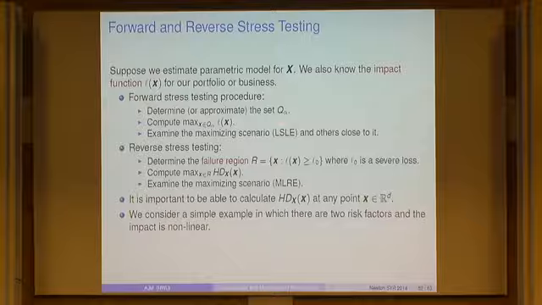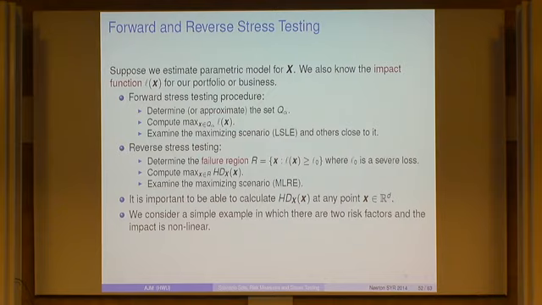Determine the set and attempt to maximize the impact for scenarios in that set. And then when you have found the maximizing scenario, you can have a look at it and attempt to understand exactly what it is about this scenario that makes it particularly impactful and worrying for your company.